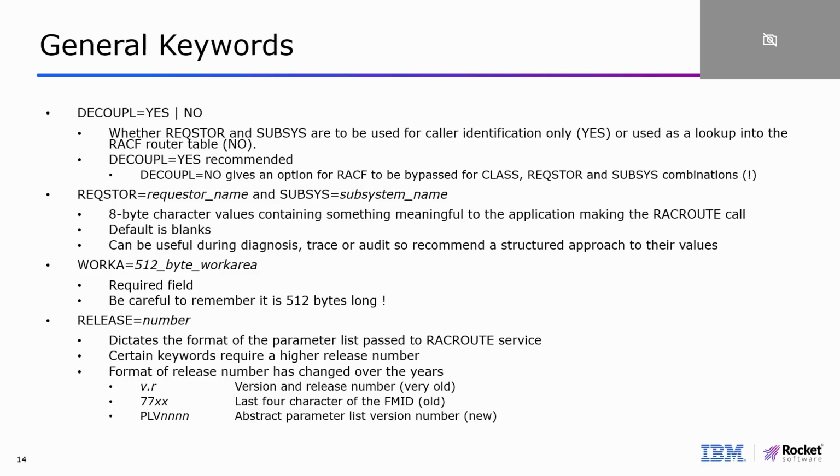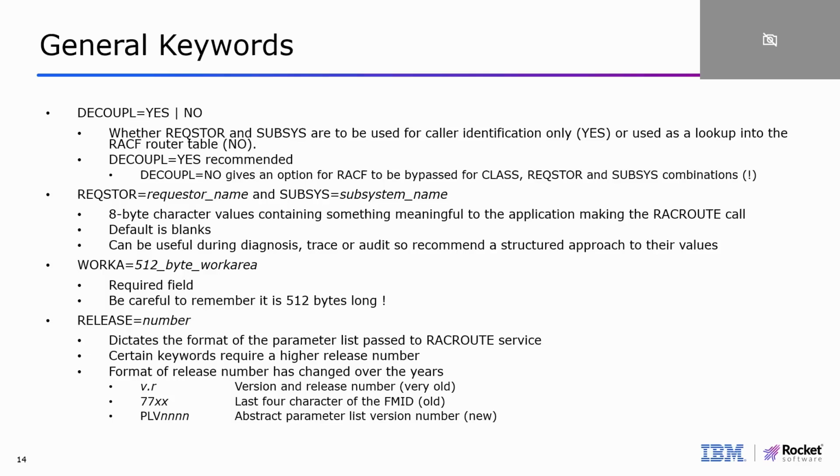So DECOUPLE=YES means don't bother using REQUESTOR and SUBSYS for a router table, just use it as some sort of interesting tourist information for the RACF call. And the great thing about using REQUESTOR and SUBSYSTEM is they're just 8-byte character values that get put into things like the SMF80 record, so you can see them, you can log them, okay? Good for diagnosis, good for tracing, okay? So I always like using REQUESTOR and SUBSYSTEM on my RACROUTE calls.